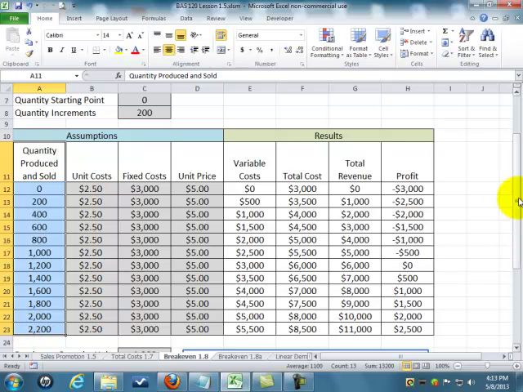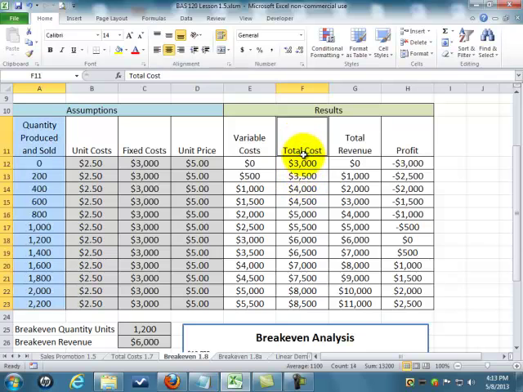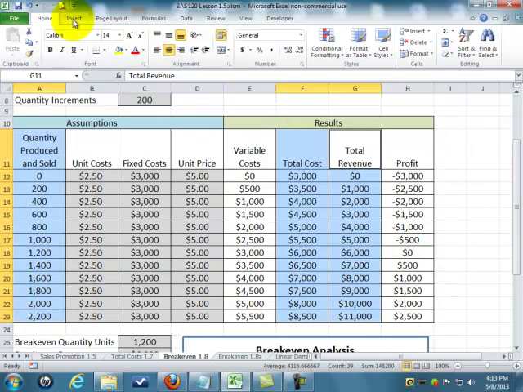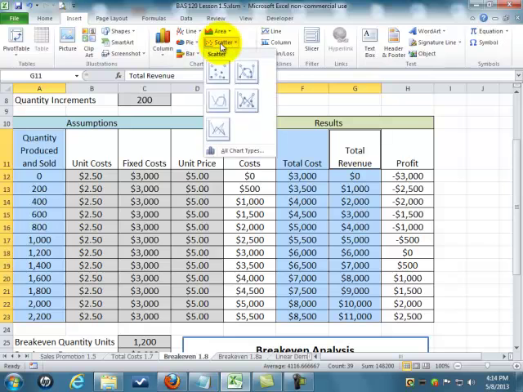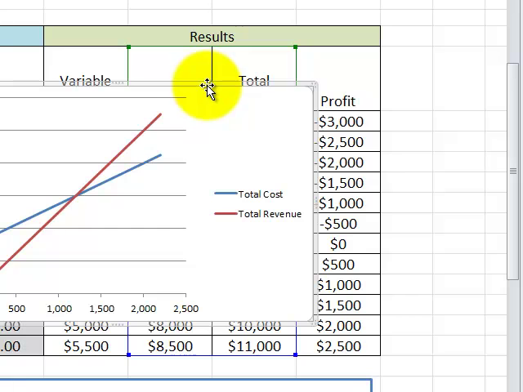And then I want to see my total cost and my total revenue, right? So I'll highlight those, and those will be my Y. Then I'll go up here and say insert a scatter plot, and let's put lines on it. And there you can see I've got my total revenue, my total cost, my break-even.